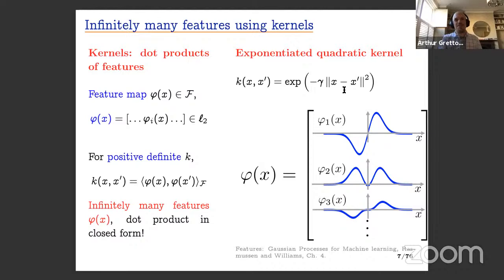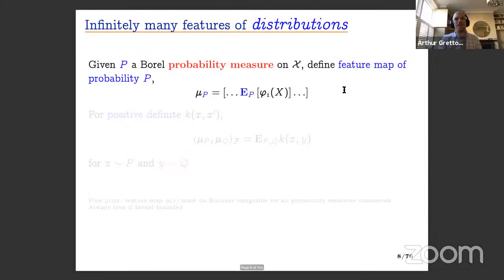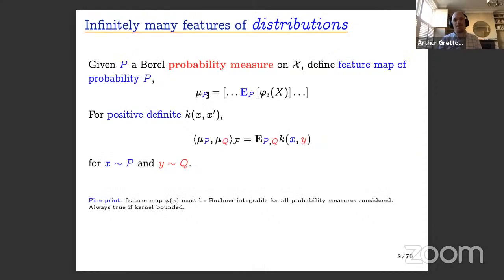So this gives us a feature dictionary, but we want to compare probabilities. What we could do is compare what I'm going to call the mean embeddings, which are the expected features of P. So E_P of my ith feature is the ith expected feature of my probability, and I've got this infinite vector of expected features. Once again, I'm able to use a kernel trick to deal with these infinite vectors of expected features.